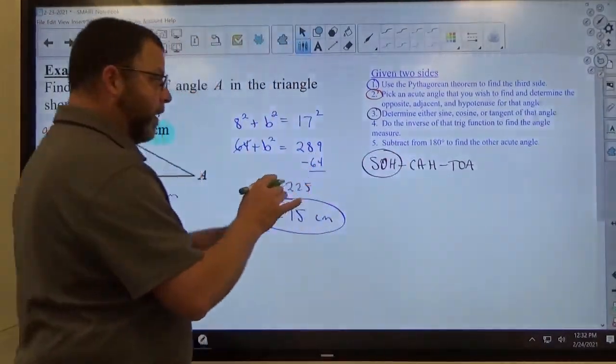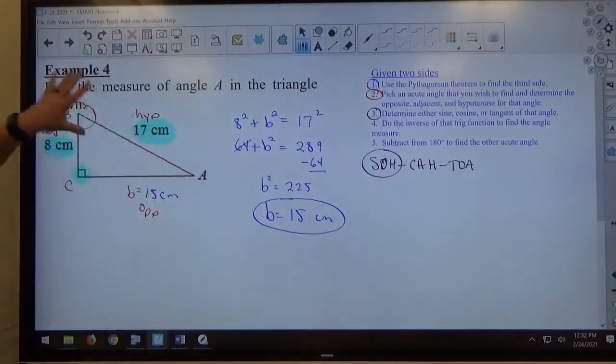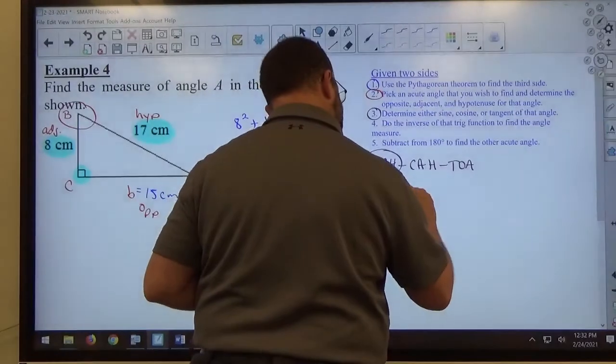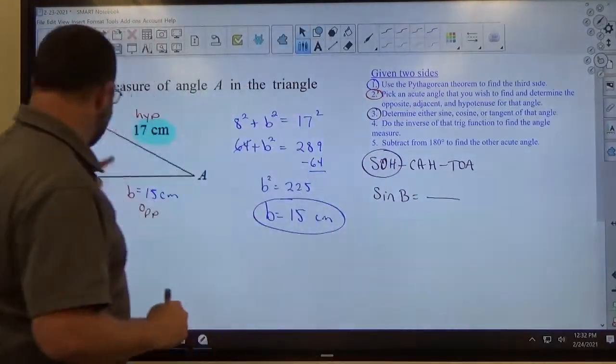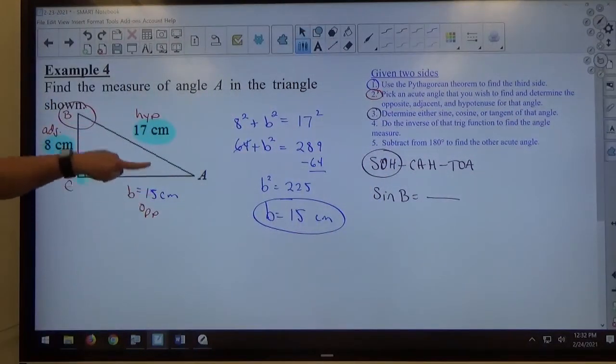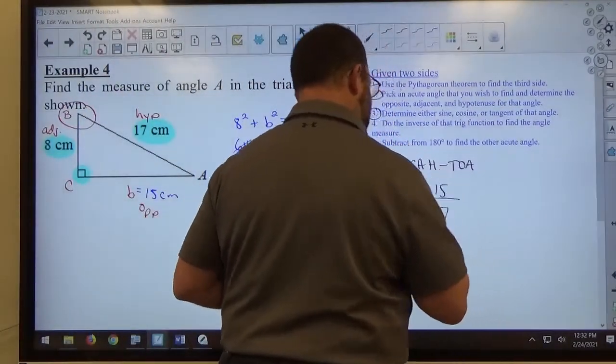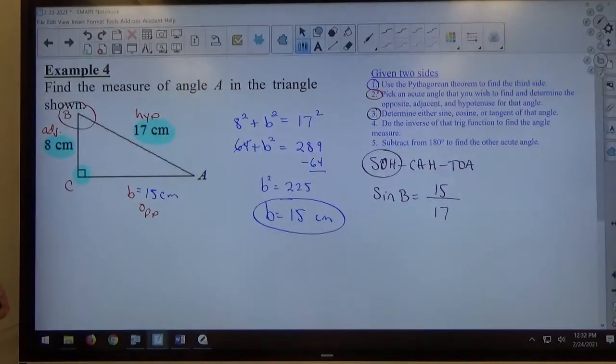So if I write a sine expression for this triangle with what I know, sine of b, because that's the angle we're working with, sine of b equals opposite, which is 15, over hypotenuse, which is 17. Again, that's the exact thing that Dominic wanted me to use, so I'm using it.